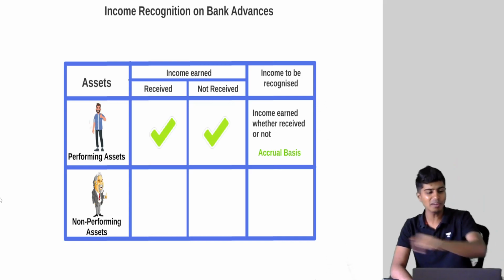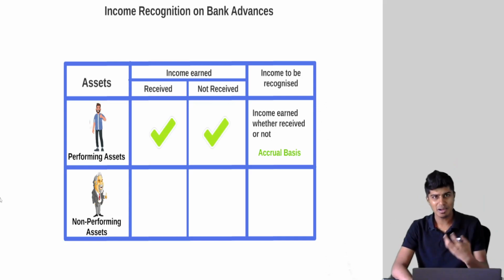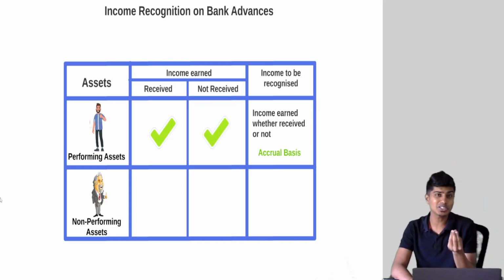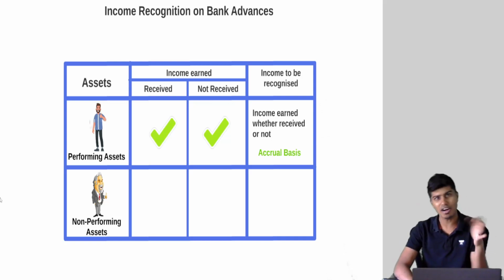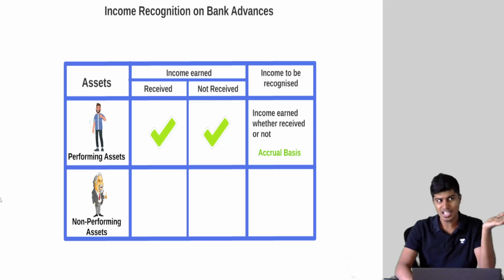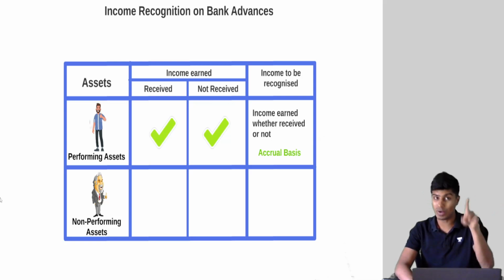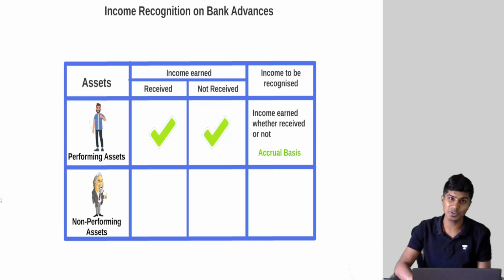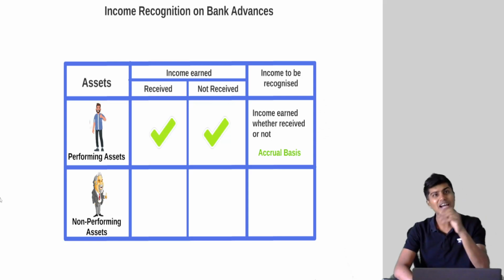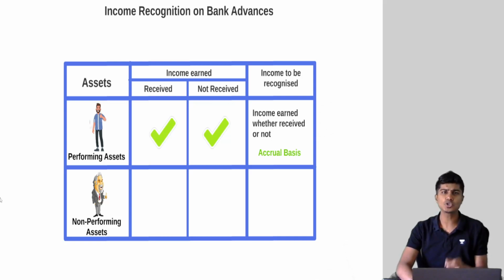However, when we come to a non-performing asset, about a person who has taken the money but has not repaid interest over a period of 90 days, or a farmer who has taken a loan for agriculture and has not repaid interest for one crop season in the case of long duration crops, or two crop seasons in the case of short duration crops. If that is the case, income will be recognized on actual basis, that is cash basis.